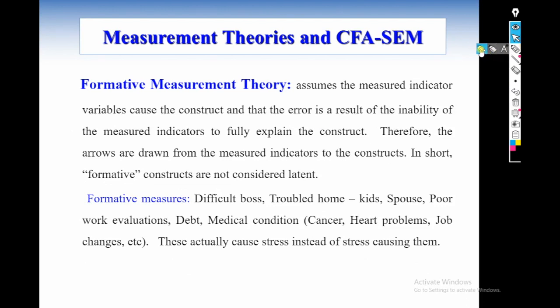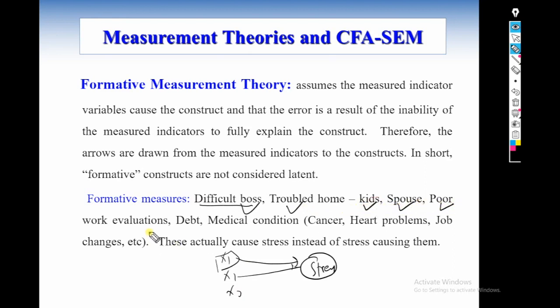Formative means what is forming the stress, basically. So these are the causes. This is the stress, and these indicators like x1, x2, x3 are forming the stress: difficult boss, troubled home, kids, spouse, poor work evaluation, debt, medical. So there are two things.